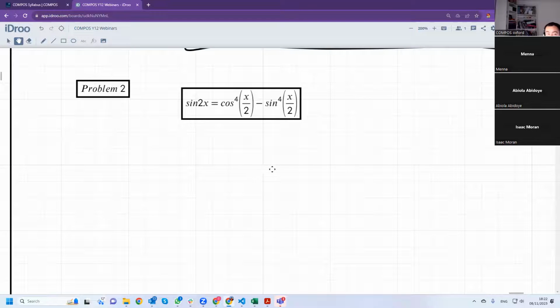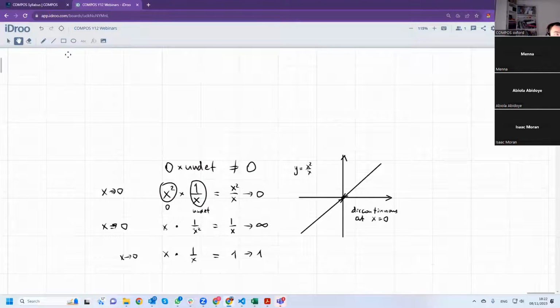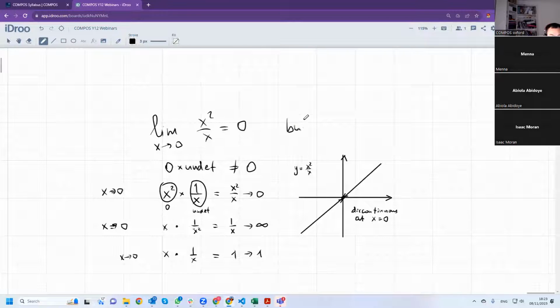X squared over x doesn't exist. The limit does exist. Look, the limit as x tends to 0 of x squared over x is 0, but x squared over x is undefined if x equals 0.